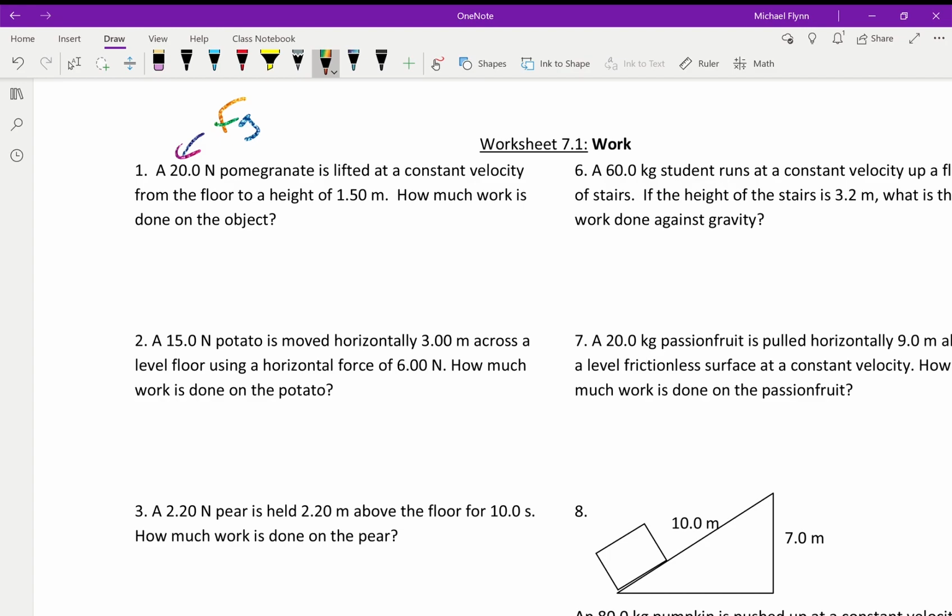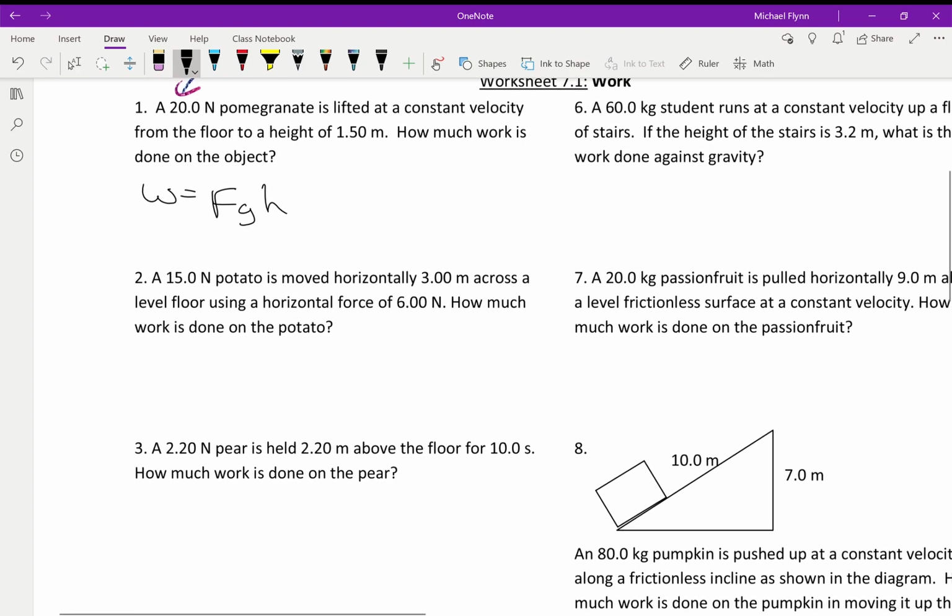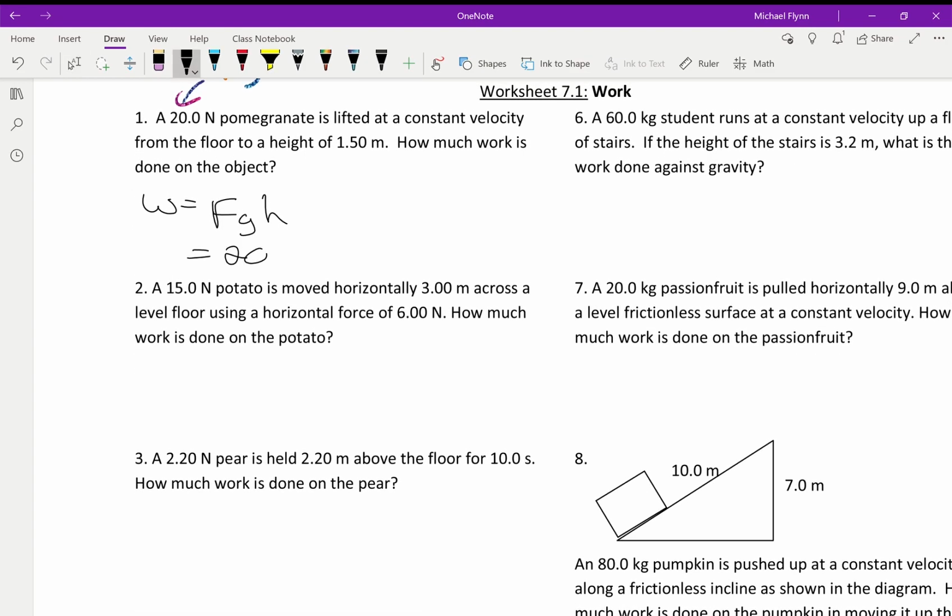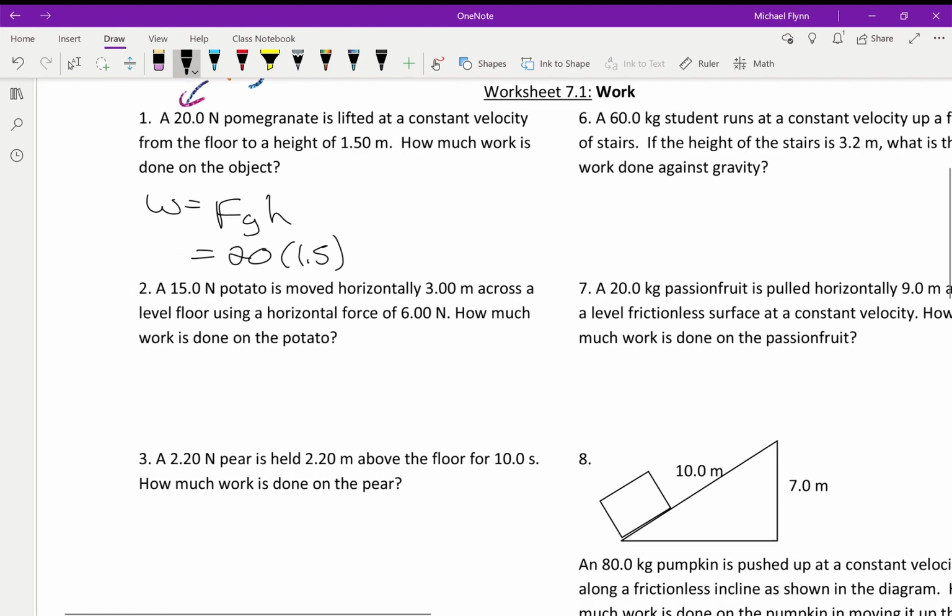So here, whenever you're lifting, you would say the work done is mgh. Or, let me change that, because they don't tell us what the mass is. You don't really need to find it. You can just go Fgh. So that would be 20 times 1.5. So easy, right? Super easy.